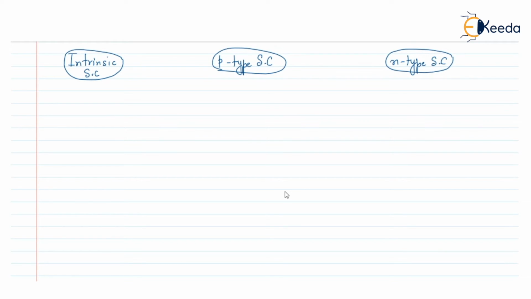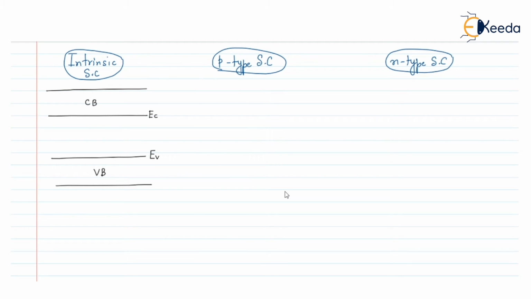Now in the intrinsic semiconductor, the conduction band will be there. Let us assume that this is the conduction band and this is the EC energy level. Similarly, there is a valence band and this is the EV energy level.